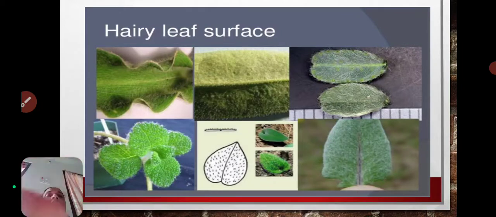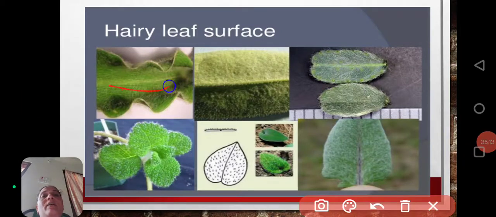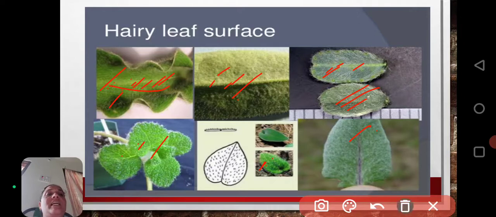Here are the hairy leaves. On the leaf lamina, small hair-like structures are there. Observe the picture, observe the slide.